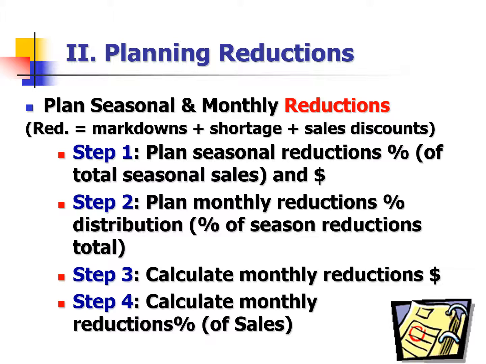So the last step of planning reduction is to figure out what will be the monthly reductions percent of sales, out of sales. Okay, so there are going to be 2 reductions percentage numbers that we will have to calculate, as well as dollars for each month and the seasonal total. So we're going to work on an example problem in going through these steps.